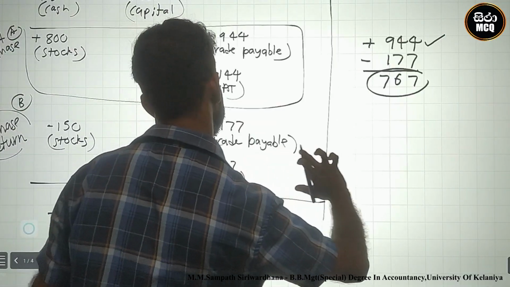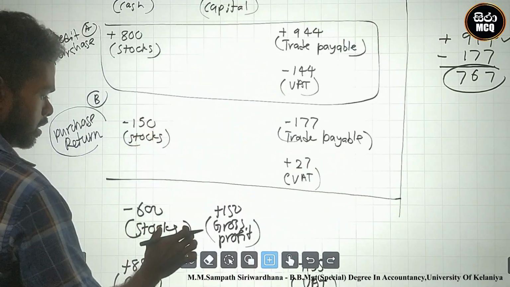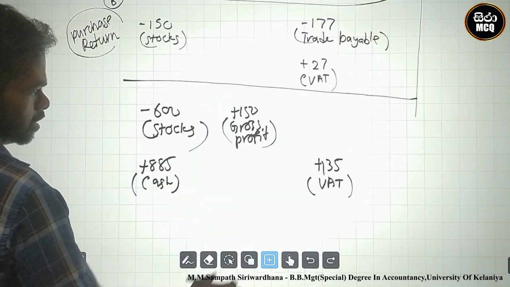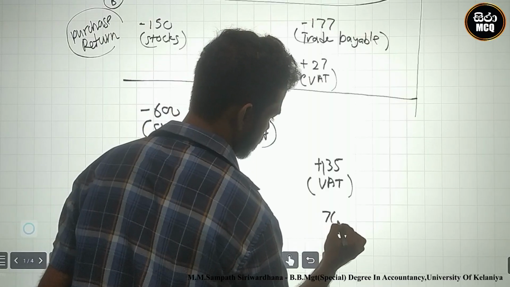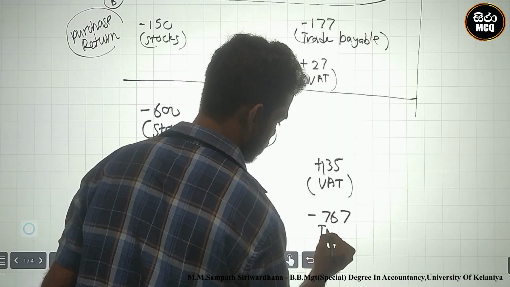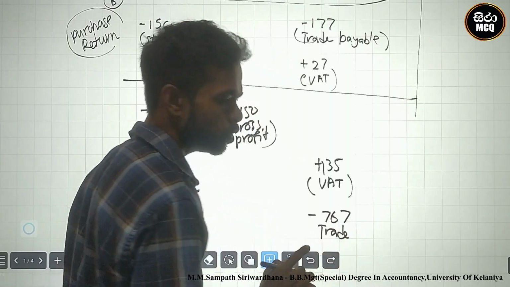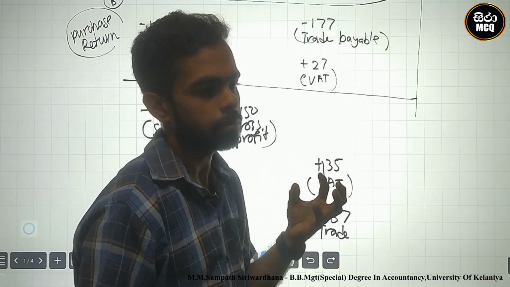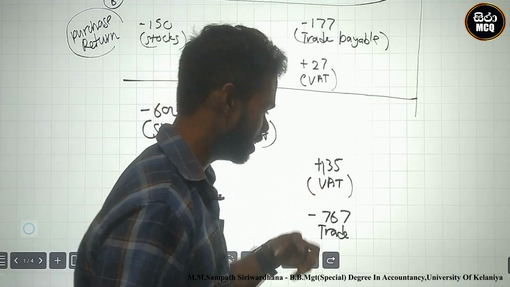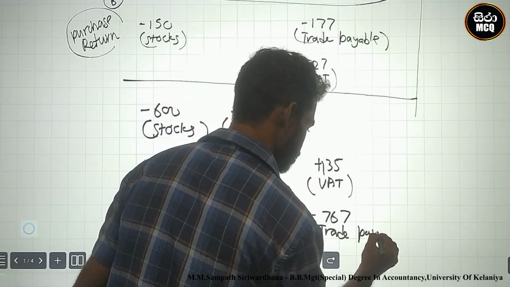Trade payable is a liability. We must deduct in this column: 767 trade payable. There is no VAT impact. Okay, for the cash payment to trade payable there is no VAT impact.